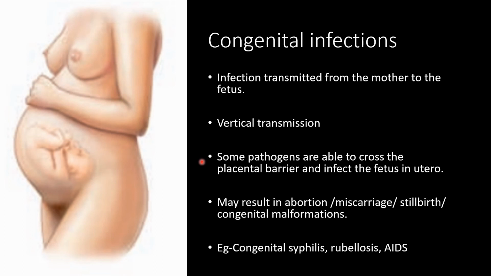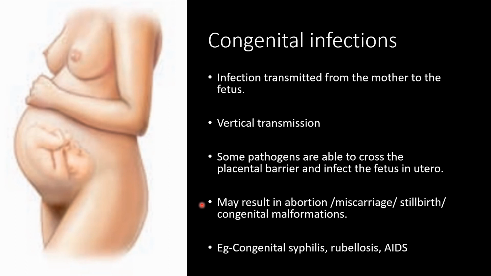See, there are certain pathogens which are able to cross the placental barrier and infect the fetus in the uterus. We know that uterus is a highly protective bag, and usually no pathogen can cross this uterus and infect the fetus. But there are exceptions. There are certain viruses which can cross the placenta and can infect the growing fetus.